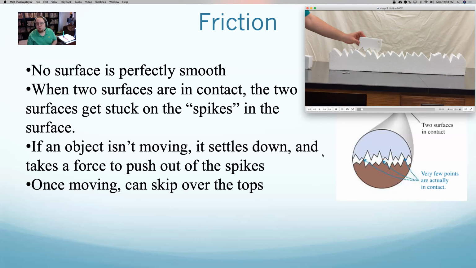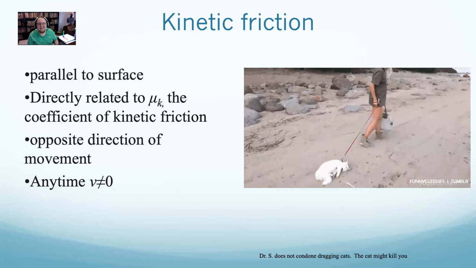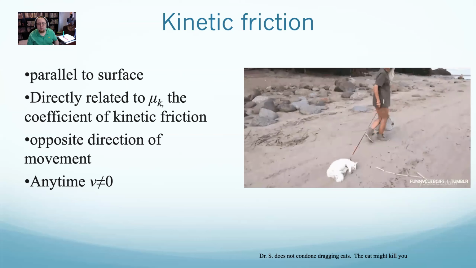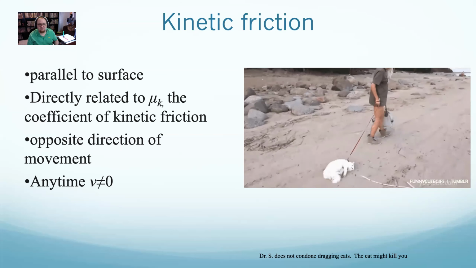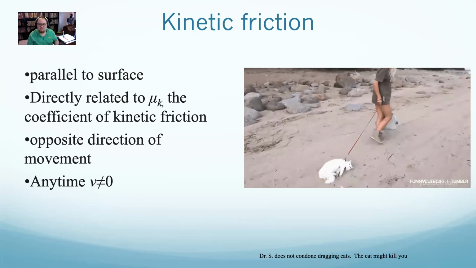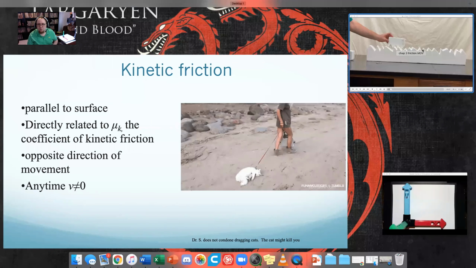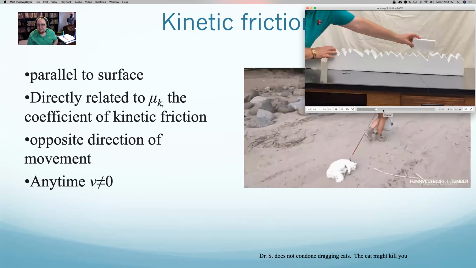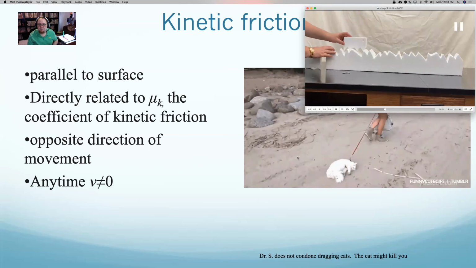Now, friction comes in two flavors: kinetic friction and static friction. Kinetic friction is related to mu of k, the coefficient of kinetic friction, and applies anytime two things are moving. When I have this sliding, kinetic friction is the friction of that movement.